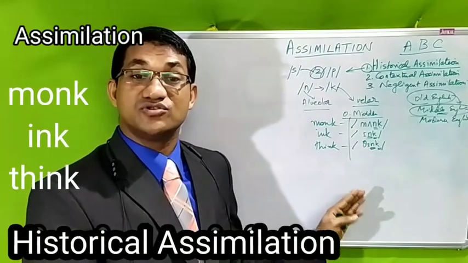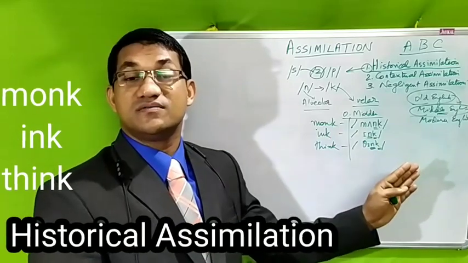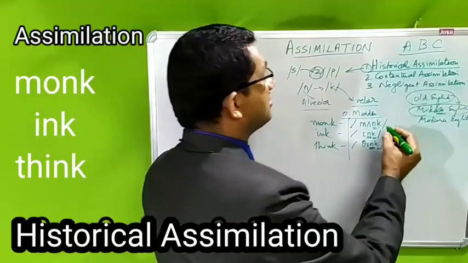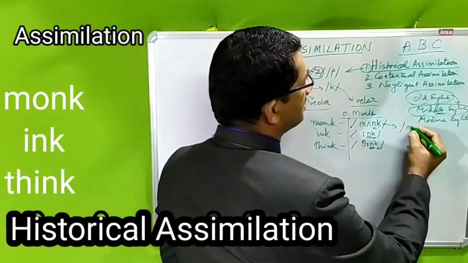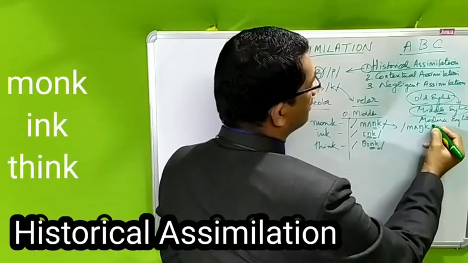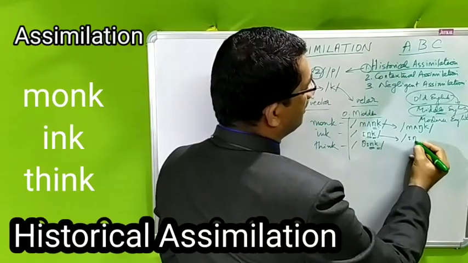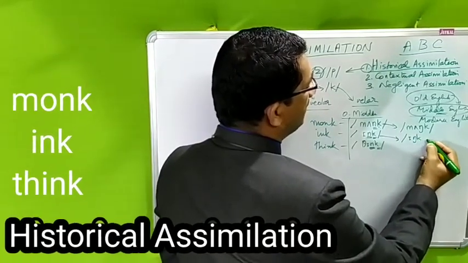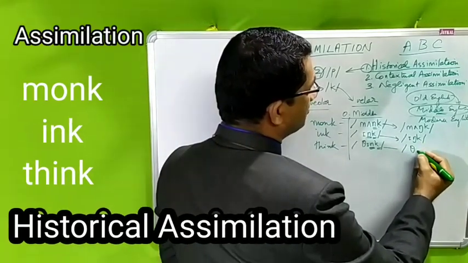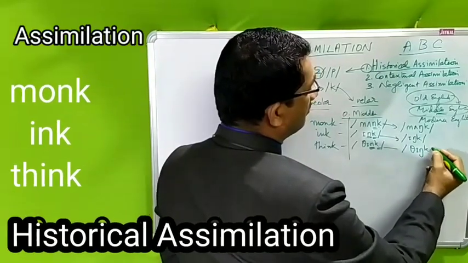And it's difficult to move the tongue from the alveolar n to the velar k, and monk later became monk with the velar n, and ink later became ink, similarly think became thing.